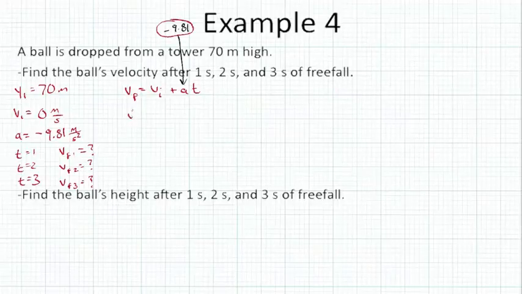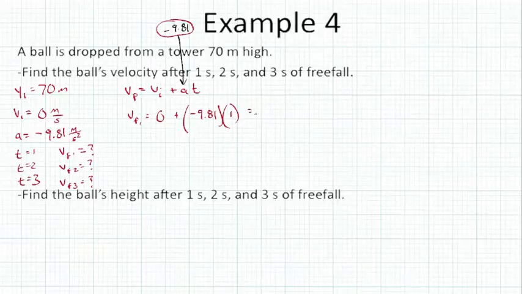So VF1, what is that? That's our initial velocity, so it's 0 plus negative 9.81 times, what's our t? That's, well, just 1. So our final velocity 1 is going to be negative 9.81 meters per second.